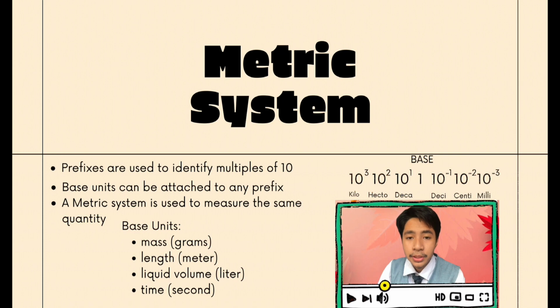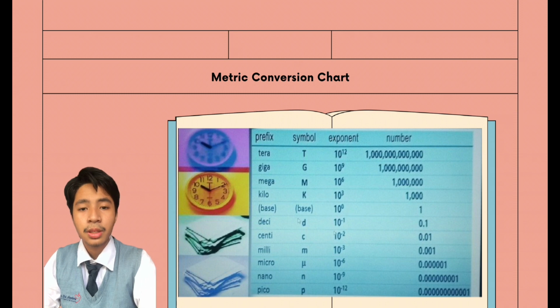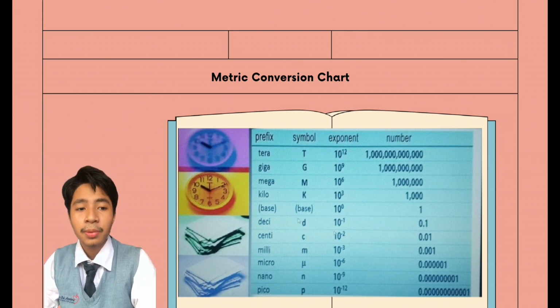I will show you the procedure and the formula to get the desired amount to help you better understand the topic. Before we go to the examples, we must know the metric conversion chart. The prefixes here are tera, that has an exponent of 10 raised to 12, giga, G, 10 raised to 9, mega, M, 10 raised to 6, kilo, K, 10 raised to 3.